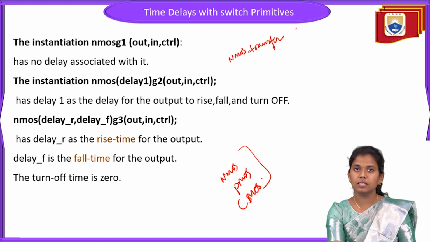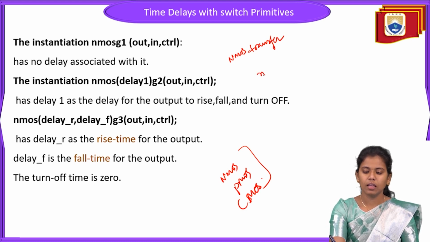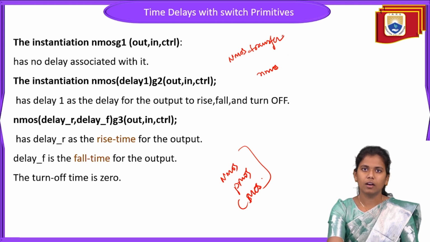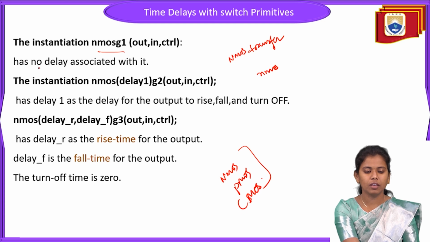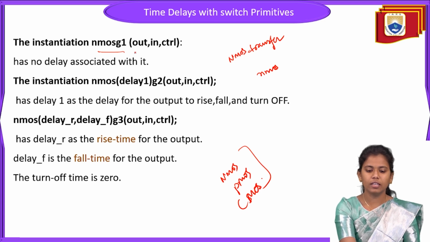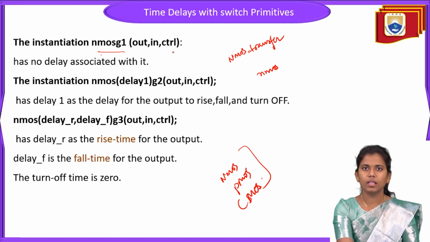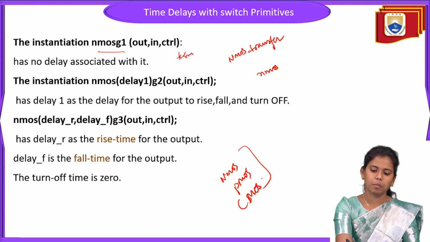So my transistor is NMOS. Obviously, I have to start my program with the keyword NMOS, isn't it? So here, the instantiation with respect to NMOS. So my NMOS has no delay. If you observe, this is a keyword and then followed by the terminal list.